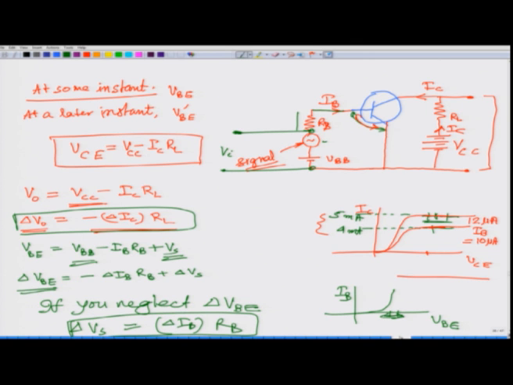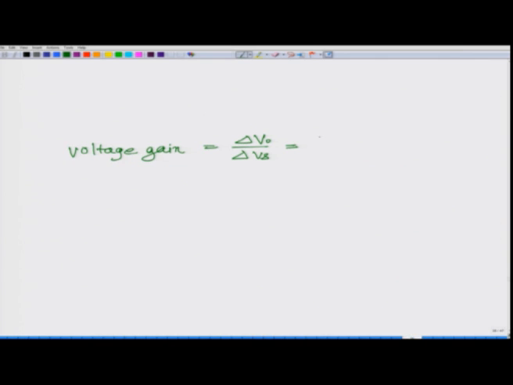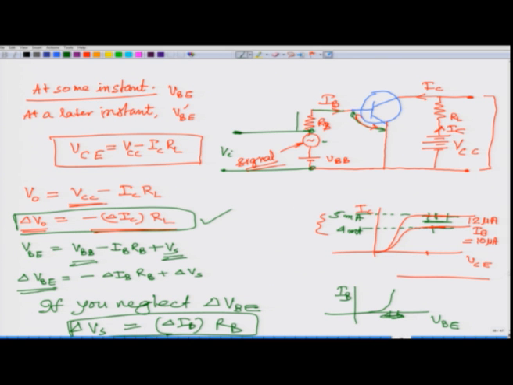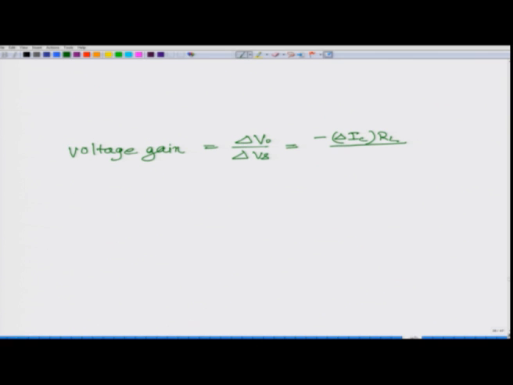Look back, delta V naught is minus delta IC times RL. So, let me write that: minus delta IC times RL, and delta Vs is here, this is delta IB times RB. So, it is delta IB times RB, and this is what we had defined as beta.